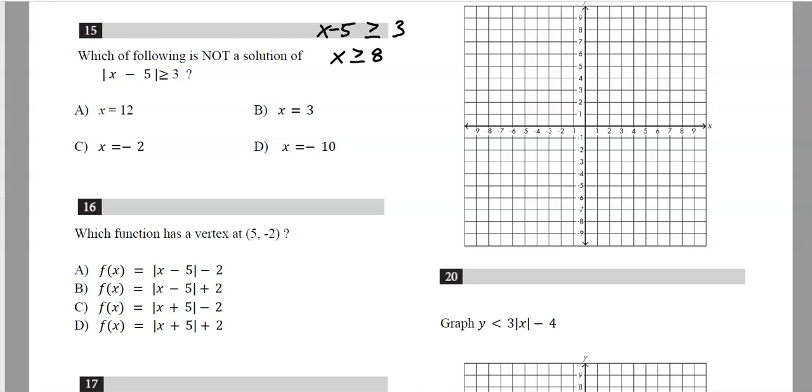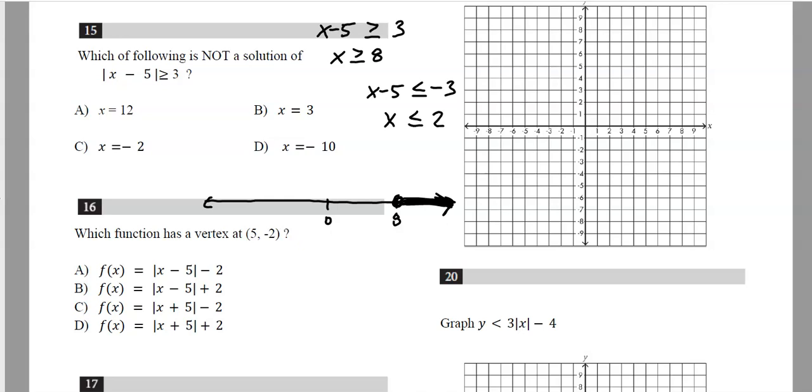So if I'm thinking about my line down here, and here's 0, I got to be greater than or equal to 8. So I need to be in this area. Those are solutions. Those things work. And then if I got to solve the other case, x minus 5, flip the sign, make it negative, add 5 to both sides.